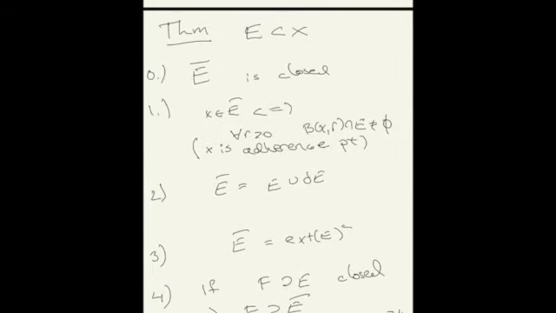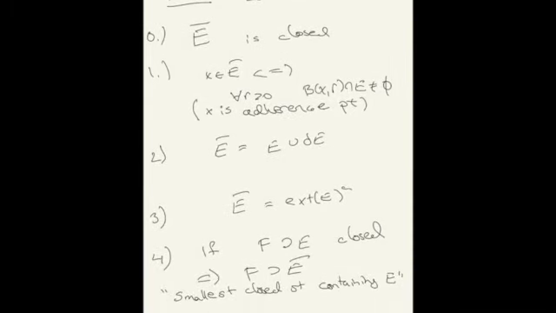Now, we won't show quite all of these claims. I'll give some outlines that you can use. So 1, we have given the definition of the set. So 1 is really the definition that we gave.